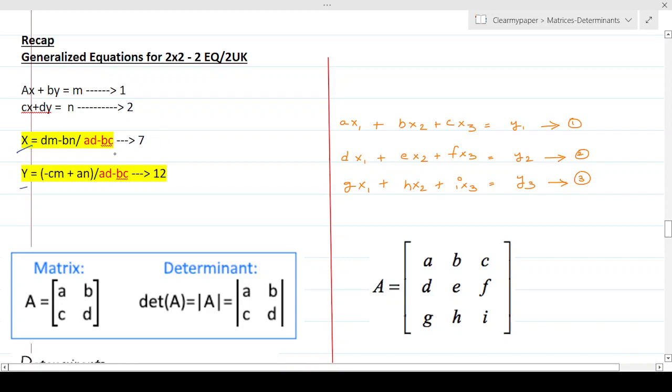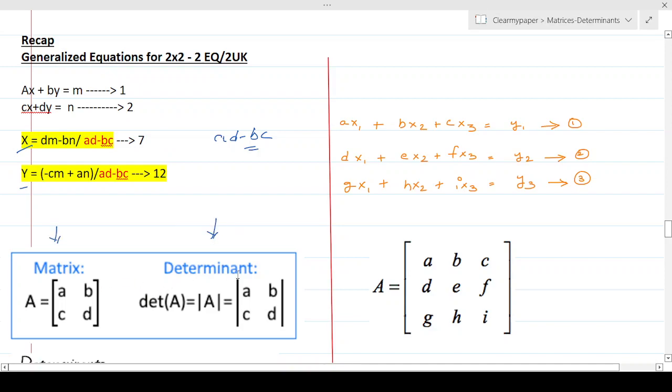This is where we reached, where we figured out the denominator should not be equal to 0, and the denominator ad minus bc is nothing but the determinant of a 2x2 matrix, which is what we defined here in the matrix and determinant notation, if you see here.